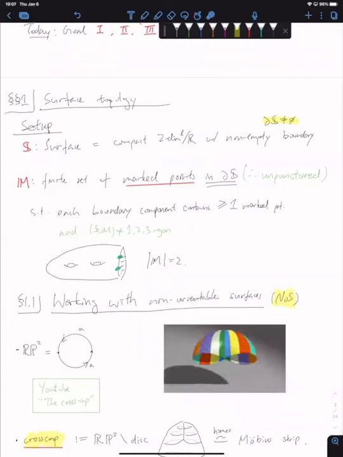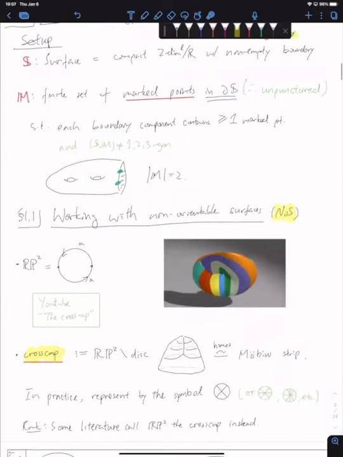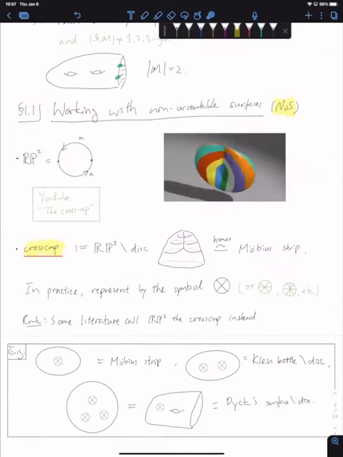Eventually the topology will not be so important in this talk, but in case you don't know what a non-orientable surface is like, I'll give some examples. The building block of the non-orientable surface is the projective plane.